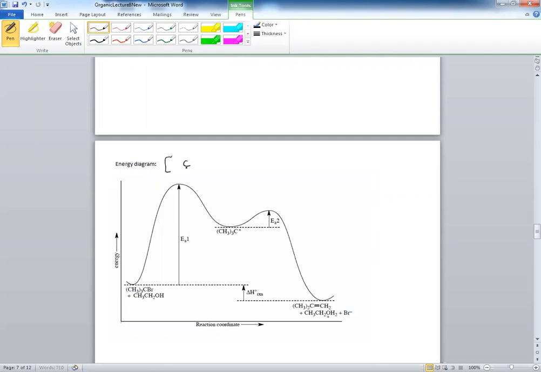So let's draw the transition state. So you have, of course, methyls here.